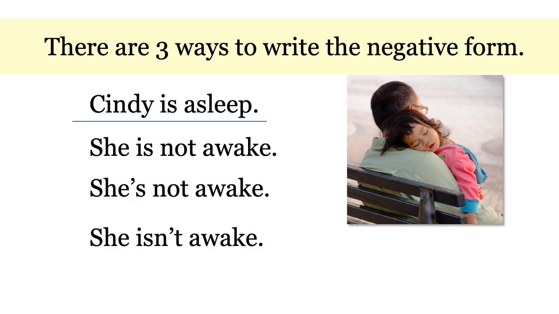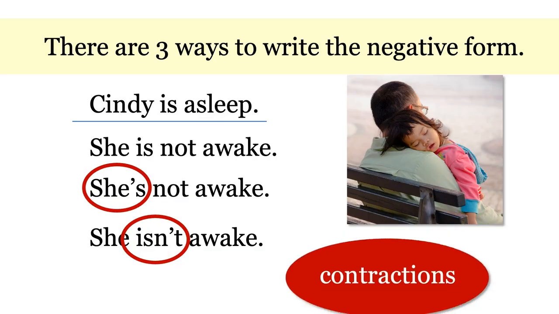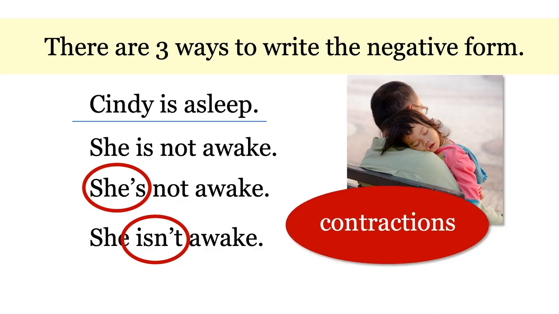She is not awake. In the second sentence, we put she and is together to make she's. In the third sentence, we put is and not together to make isn't. Do you remember what these are called? Contractions.